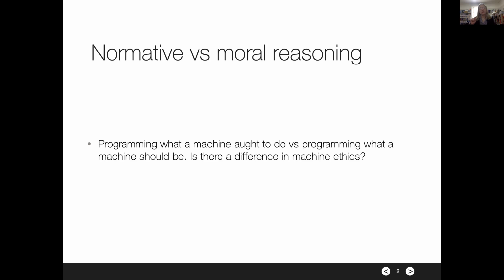I think this question about normative reasoning versus moral reasoning also depends a bit on what kind of ethical theory you're talking about.